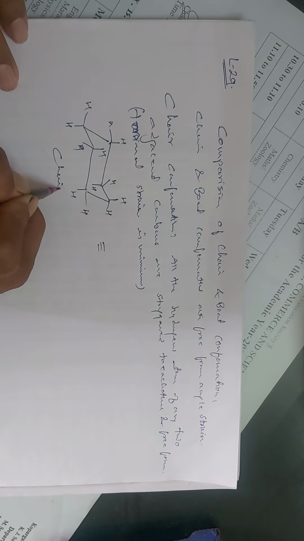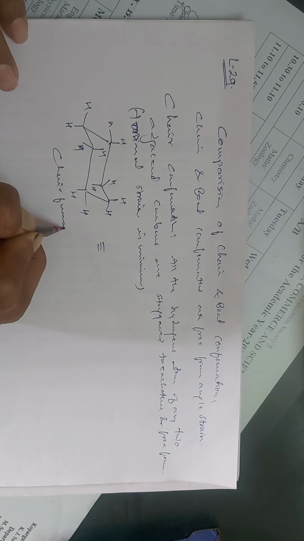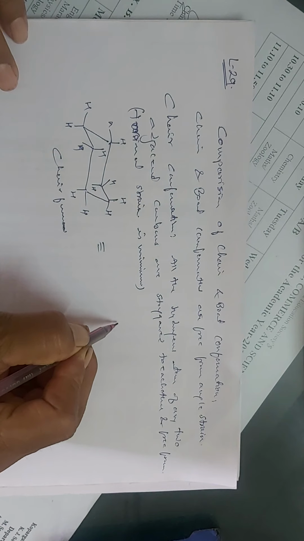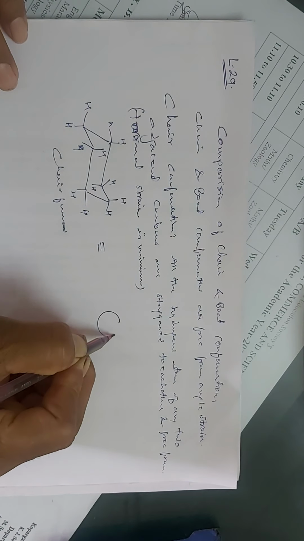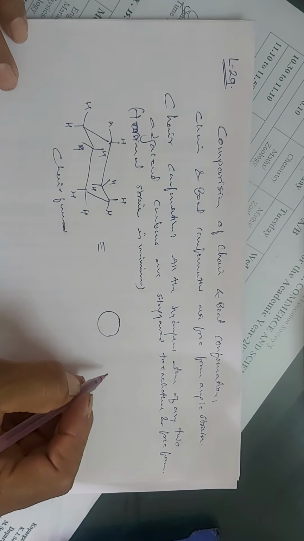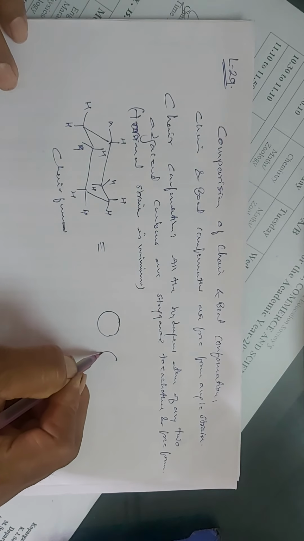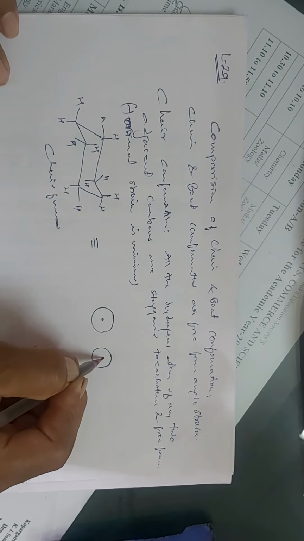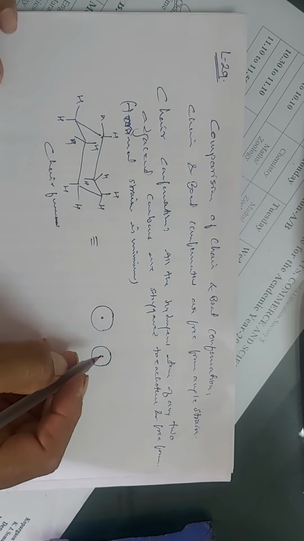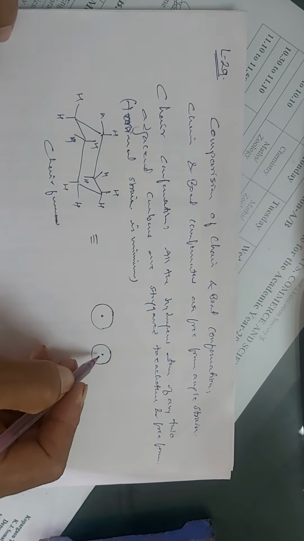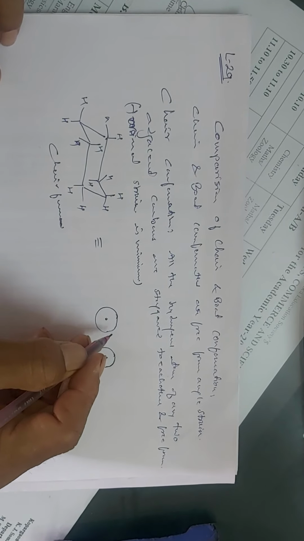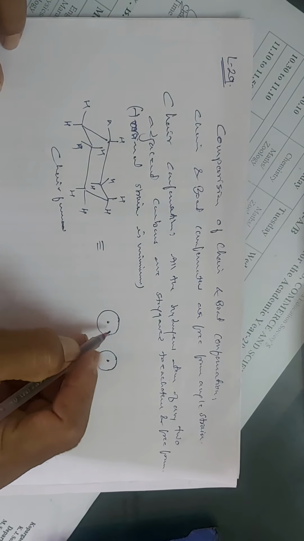So this is your chair form. If we draw the Newman's projection formula for the chair conformation, we will see this structure, where these are the front carbon atoms. The circle indicates the rear carbon atoms.